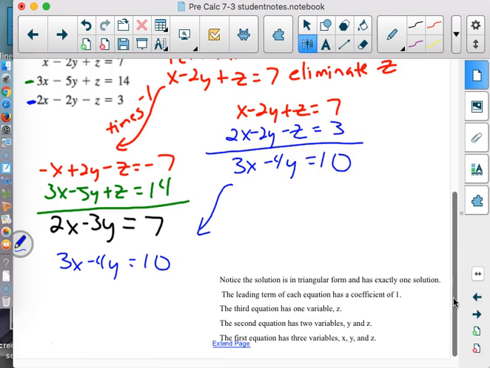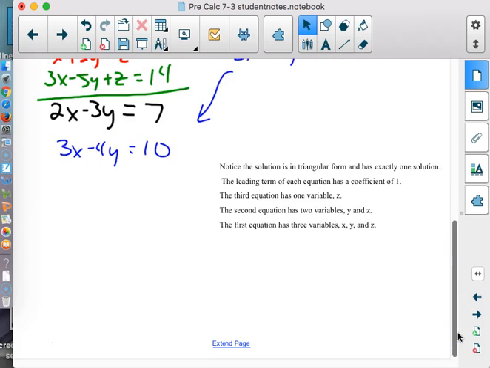Because it's a 6, right? Yeah, 6 and a negative 6. So I would probably multiply the top one by a negative 3 and the bottom one by a 2.